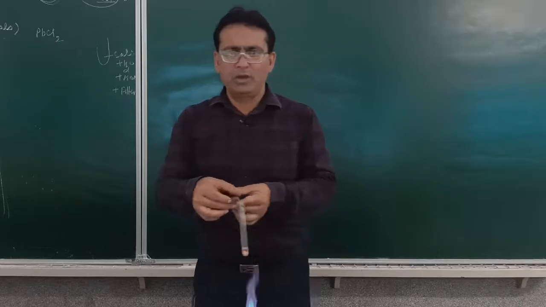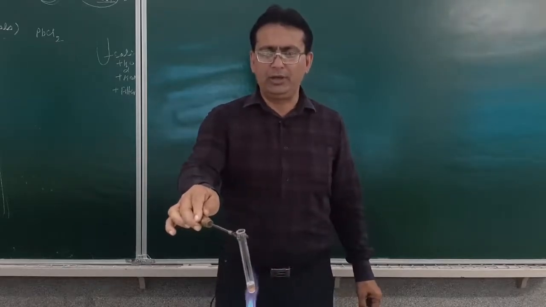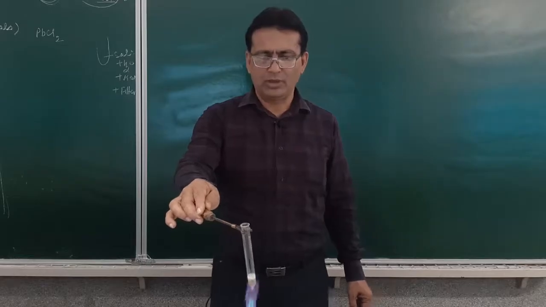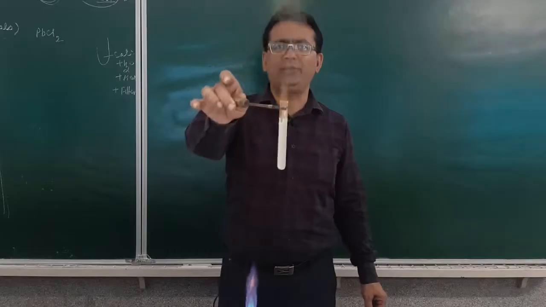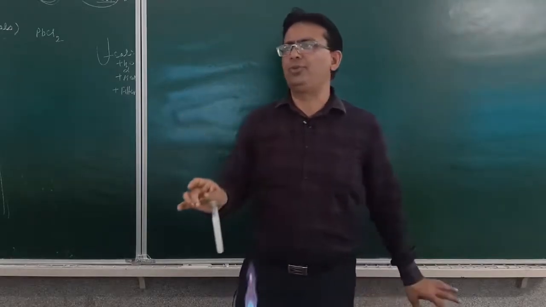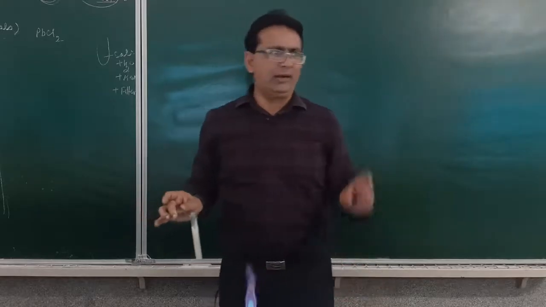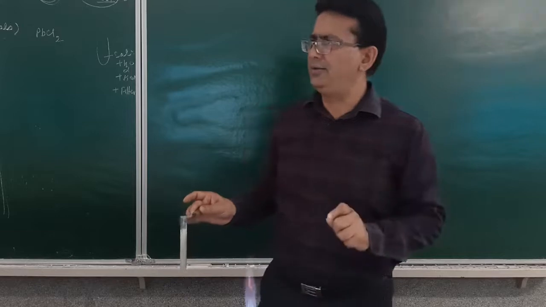Am I clear? When I heat it, you will observe a reddish brown gas given out. You may see the reddish brown gas coming. This reddish brown gas is nitrogen dioxide, and the anion in the given salt is the nitrate anion.